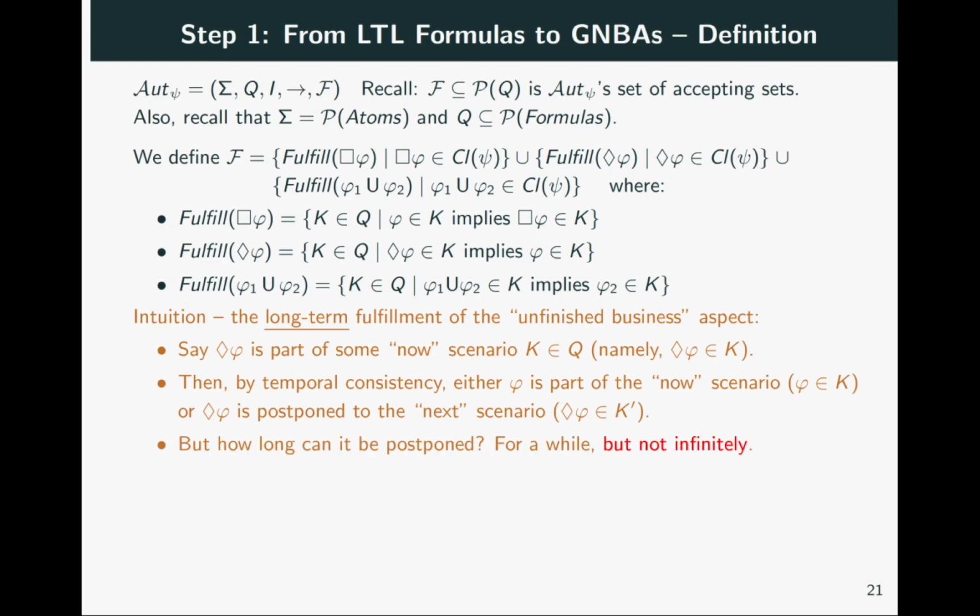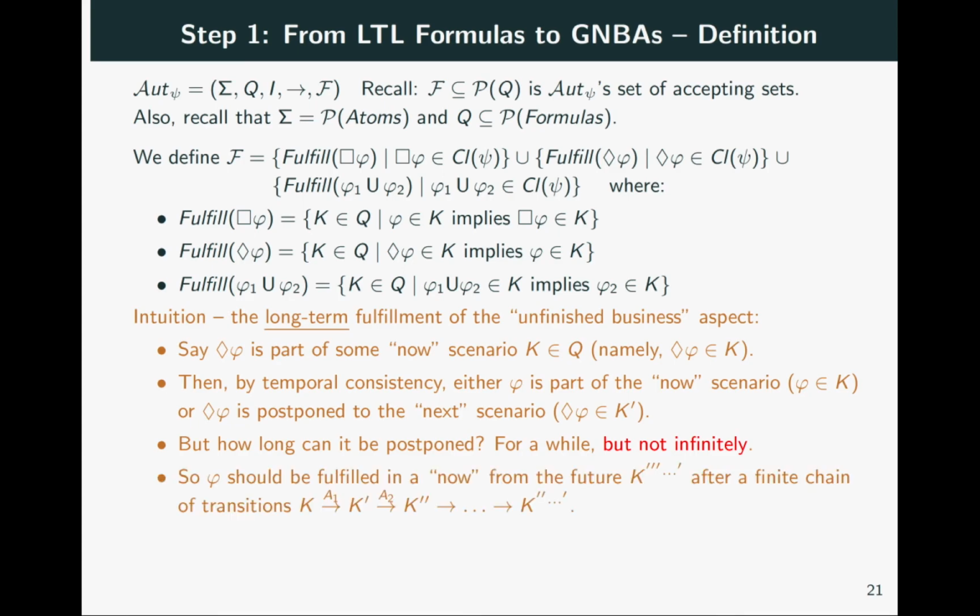But how long can this be postponed? Well, we can postpone it for a while, but not infinitely. It must be the case that phi should be fulfilled in some scenario further up in the future.